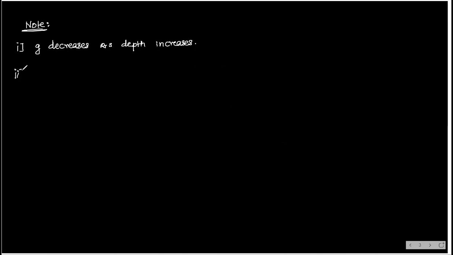Next point. What is the gravity at the center of the earth? Yes, 0, very good. g becomes 0 at the center of the earth.